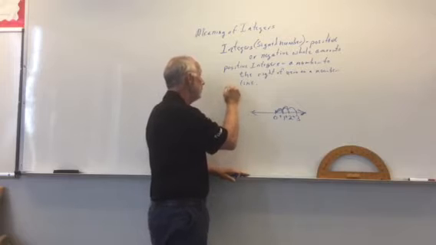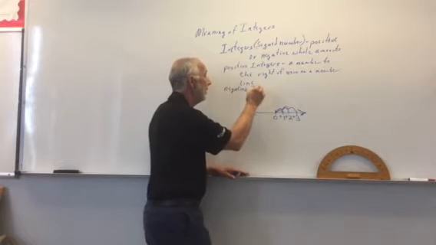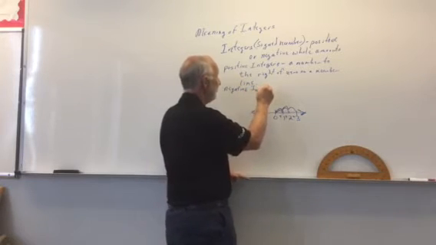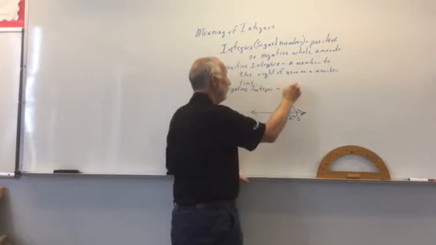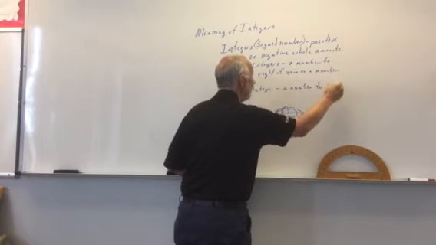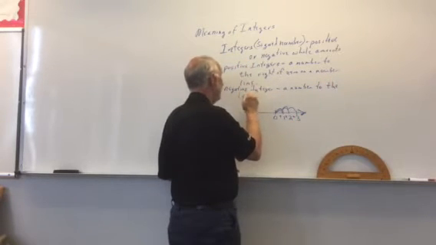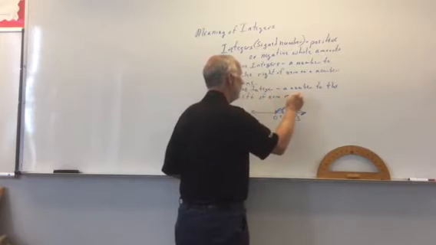So now we're going to deal with some called negative integers. And a negative integer is a number to the left of 0 on a number line.